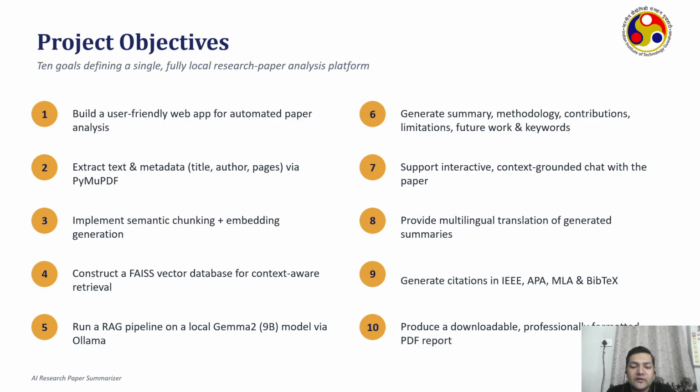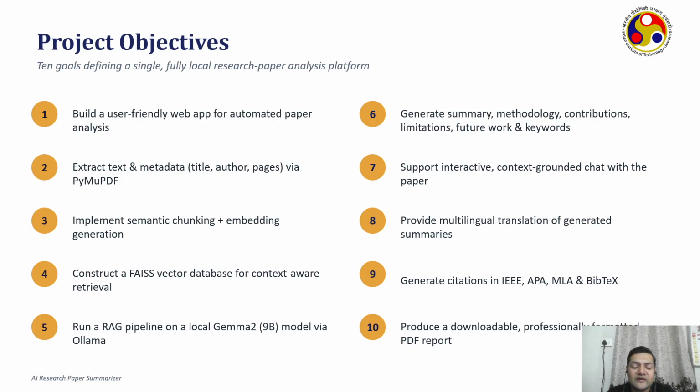The primary objective of this project is to create a complete research paper analysis platform. The system begins by extracting text and metadata from uploaded PDF files using PyMuPDF. The extracted text is semantically divided into chunks, converted into embeddings, and stored inside a FAISS vector database.